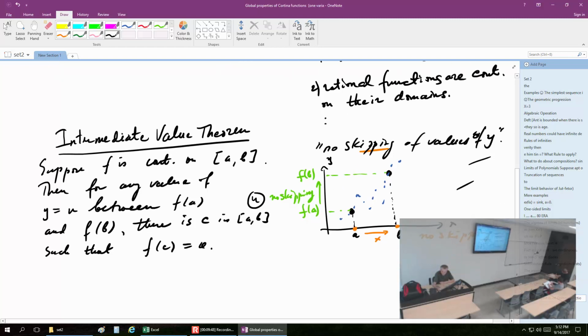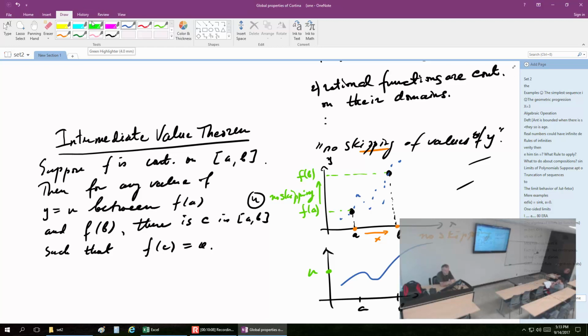Okay. Let me plot it one more time. a, b. Okay, then we start with the unknown u. And then what we're saying is that we're going to go backwards towards the graph. There's some graph here of our function.